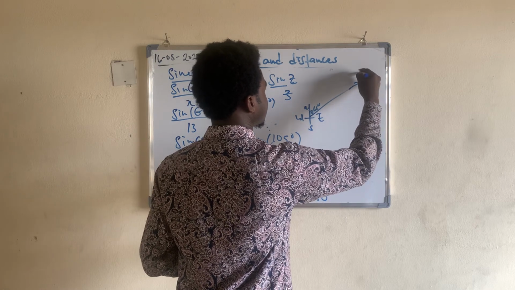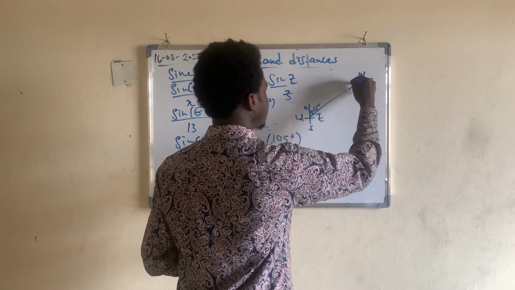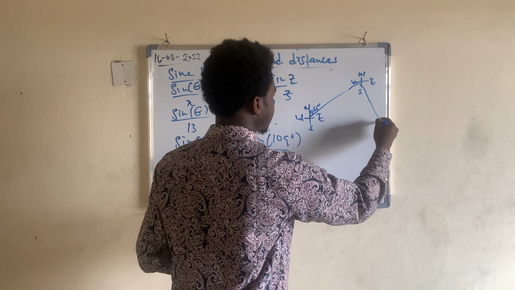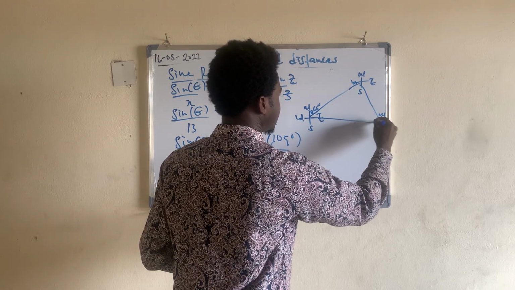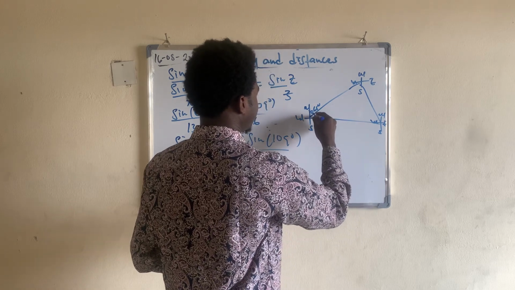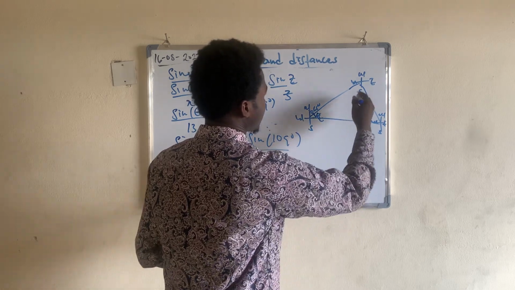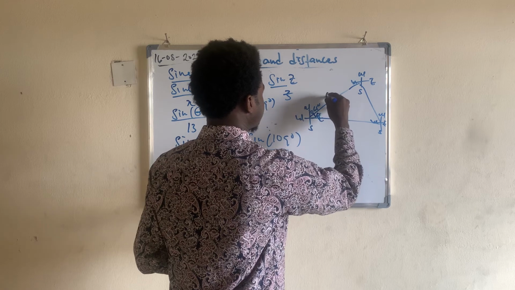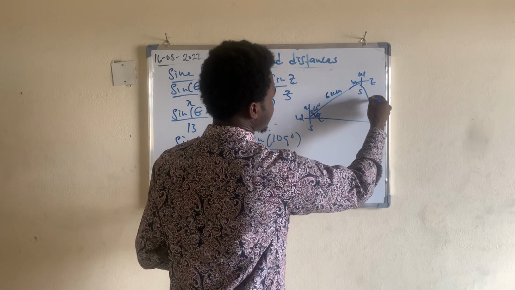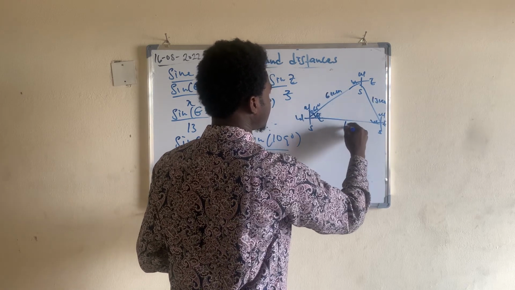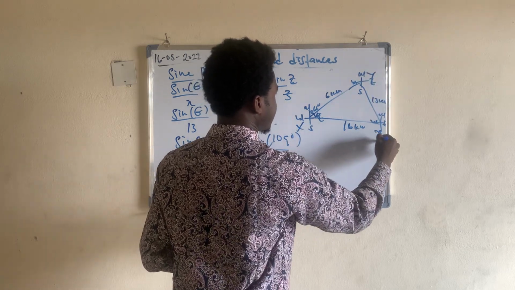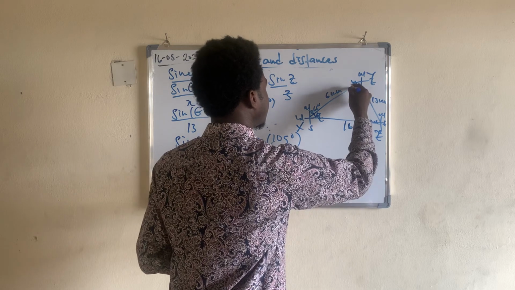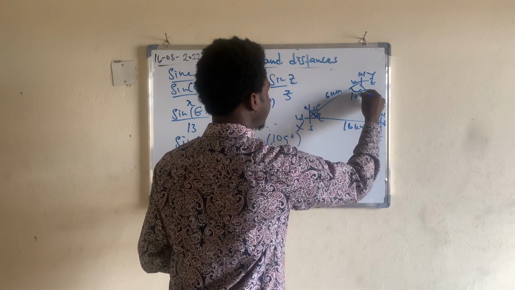At this point, we have north, south, east, west. We have something just like this, and south, east, and west. Here theta, and here was 6 kilometers, here was 13 kilometers, here we obtained 16 kilometers already, x, y, and z. So at this point we got 109 degrees.